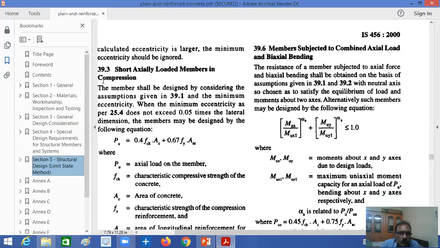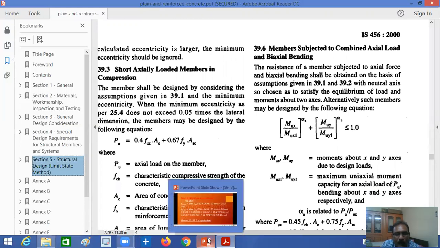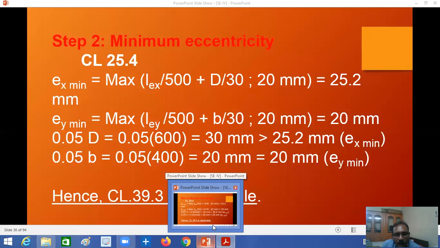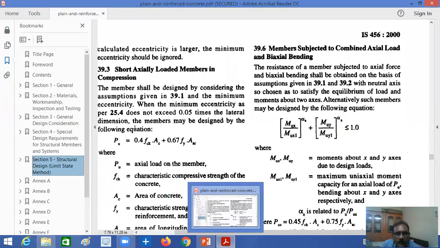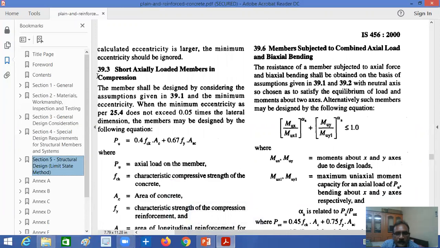If you see this code book, 39.3 is applicable as the 25.4 condition implies in our problems, and this clause 39.3 is applicable to this problem.